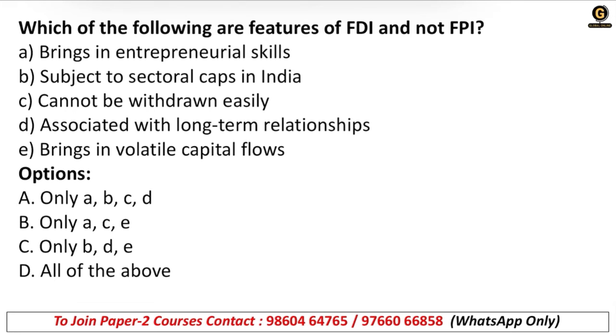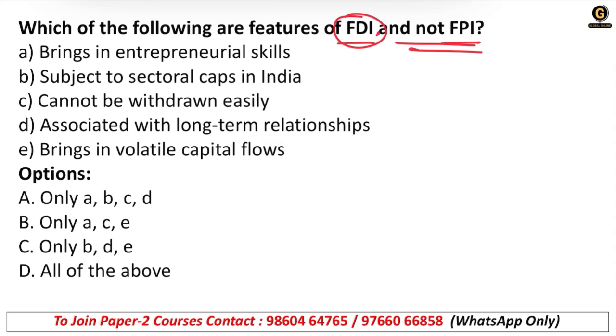Next, which of the following are features of FDI and not FPI, right? This is kind of a confusing question. Okay, if it is the features of FDI, why have they written here that it is not FPI's features? They could have said which of the following are features of FDI only, and then full stop, nothing else.